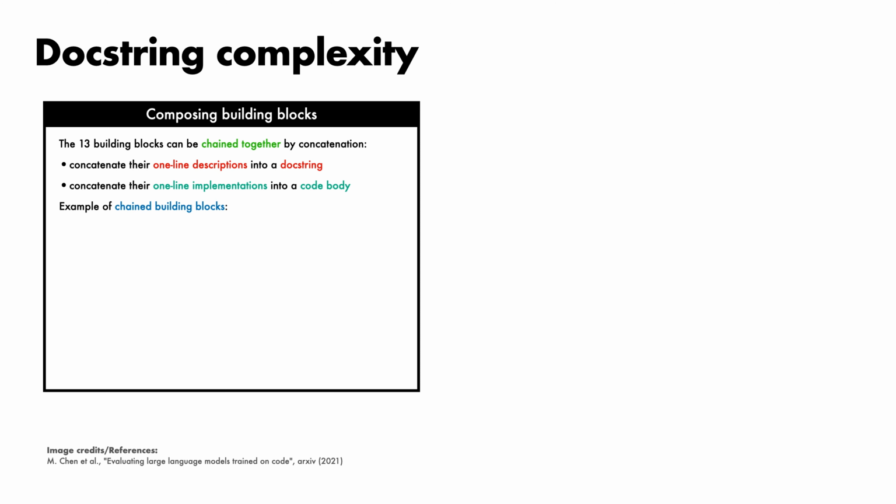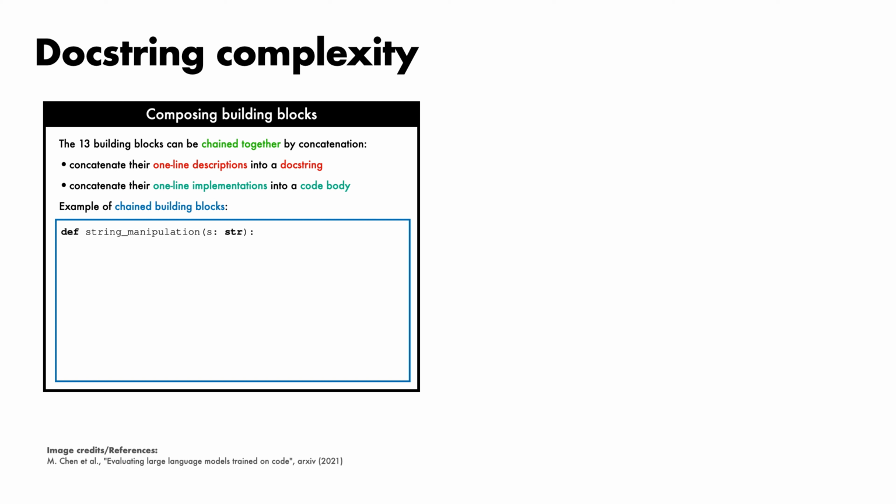We begin with a function header, in this case for a function called string manipulation. The docstring is then constructed from a generic instruction which states this function takes a string as input and returns the result of performing the following sequence of manipulations on that string.